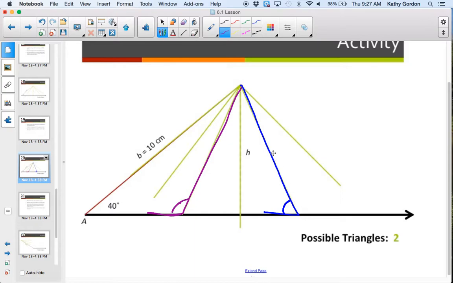Which means if you look at just this triangle right here, we're looking at an isosceles triangle. So whatever this angle is also what this angle is. Those two are the same. So in order to get the angle on the other side that I want, I would just take 180 minus that to get the obtuse angle possibility.